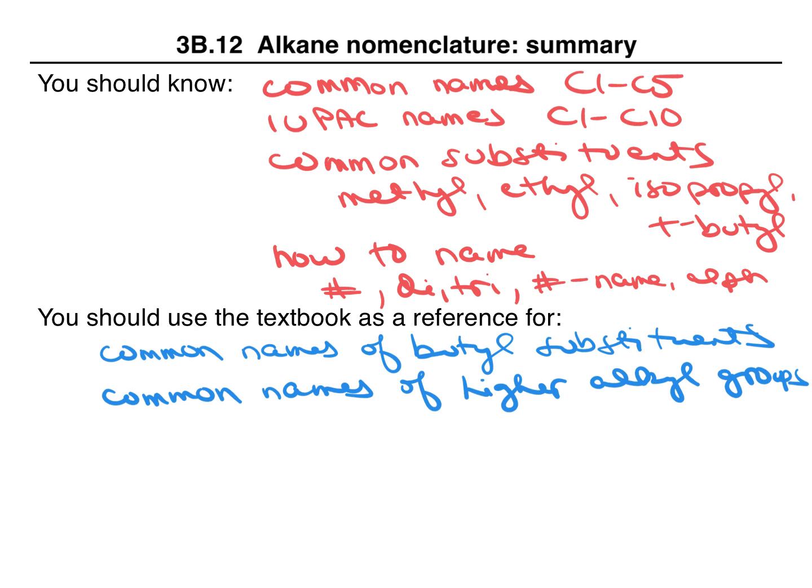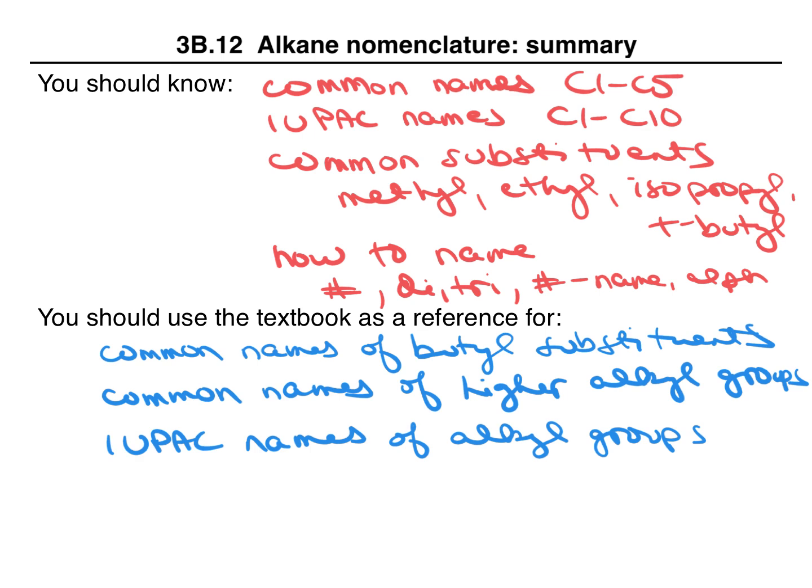And you can also use the textbook as a reference for the IUPAC names of the more complicated alkyl groups. So rather than using isopropyl, if you have the 1-methyl ethyl, rather than using t-butyl, you would use a textbook as a reference for 1,1-dimethyl ethyl. So this is just the starting point of learning about IUPAC naming. Throughout the year, we are going to add on rules for all the different families of organic compounds.